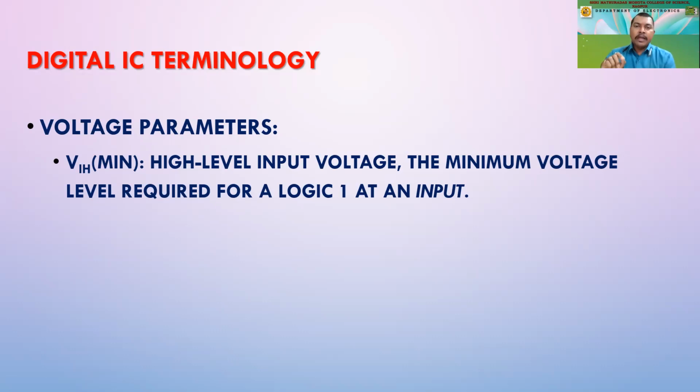So we need to give at least that much voltage so that the IC considers it as 1. We call it VIH minimum.